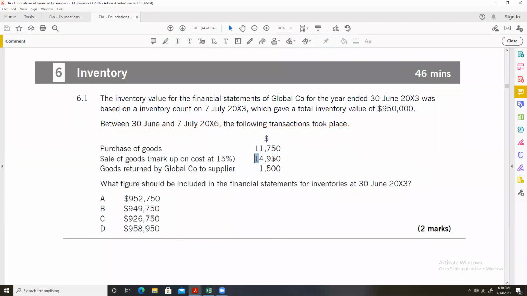In the same way, when we sell goods, as opposed to buying goods from suppliers, what happens to the inventories? Inventory level reduces.